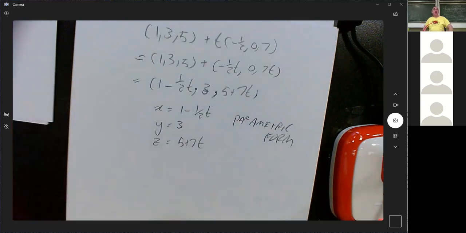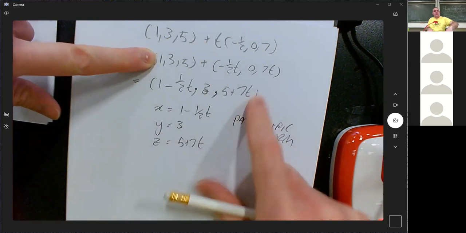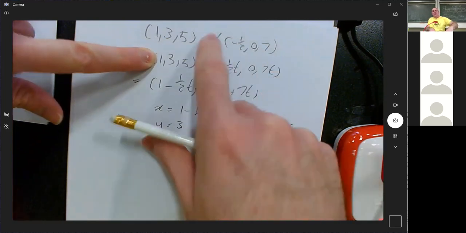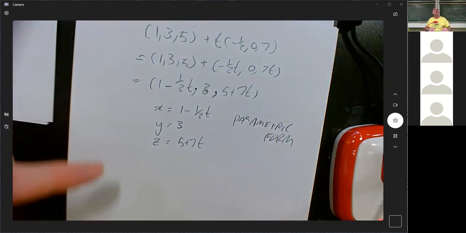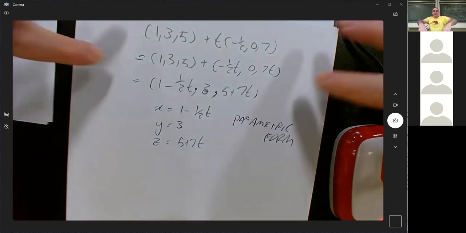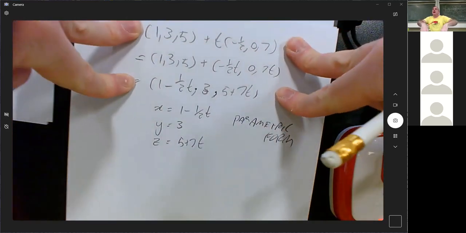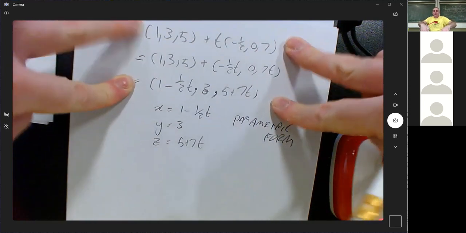Cool. And the way to get from parametric form to vector form is the opposite direction. You would separate it into a vector that has the numbers and a vector that has the t's, factorize out the t, and there you are. So this process works in both directions. That's great. And in fact, in the first week of Maths 1A, when you solve systems of linear equations, you'll be going from here to there.